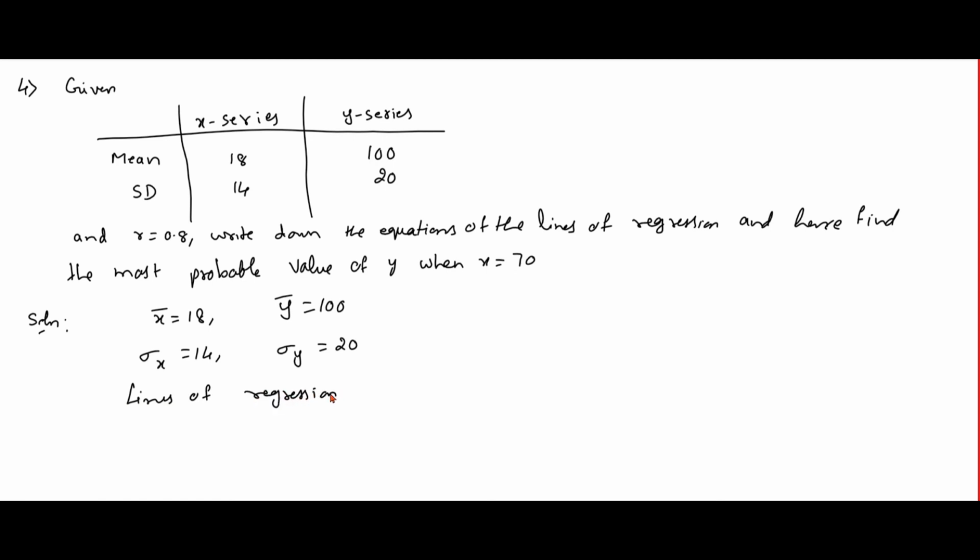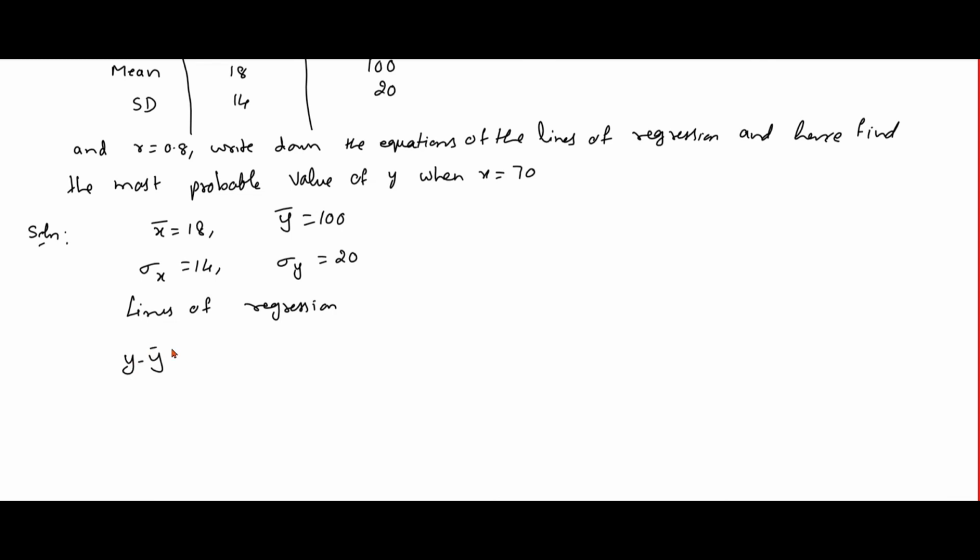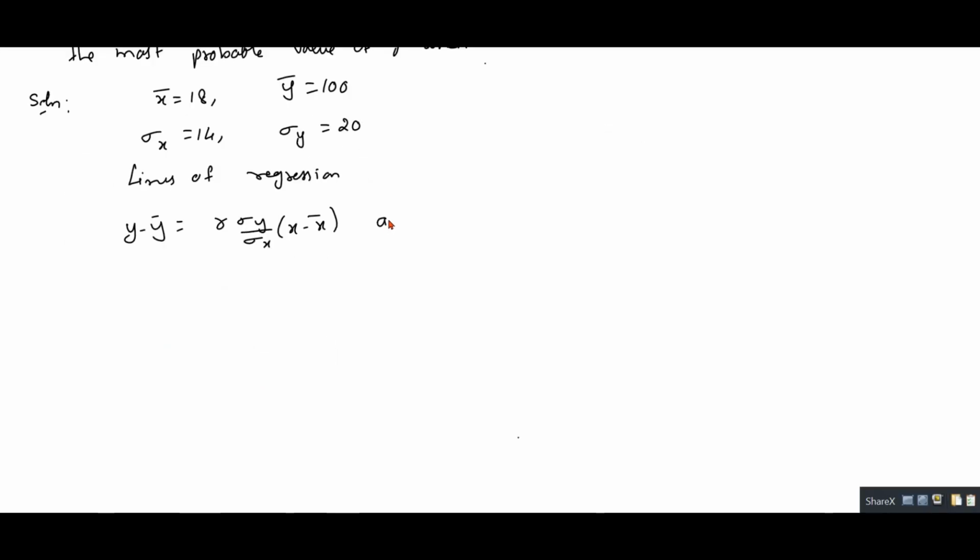Y minus Y bar is equal to r sigma Y by sigma X times X minus X bar. And X minus X bar is equal to r into sigma X by sigma Y times Y minus Y bar. So let us try to plug in the values that we know.